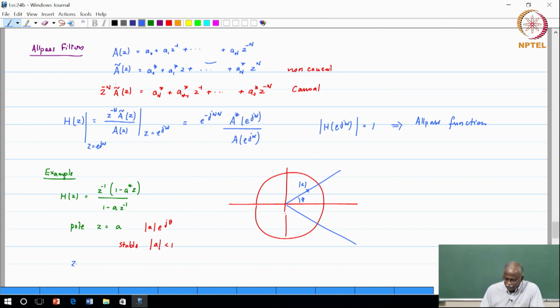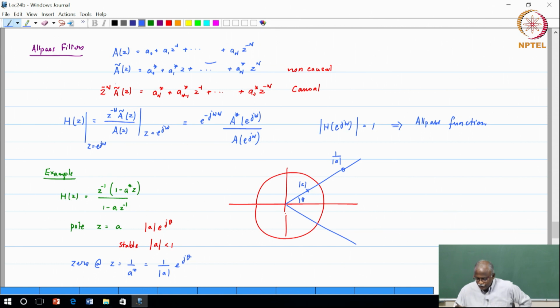We find that there is a 0 at z equal to 1 over a star, z equal to 1 over a star. So that will be equal to 1 over mod a times e to the j theta. So it is along the same radial direction, but at a distance of 1 over mod a.